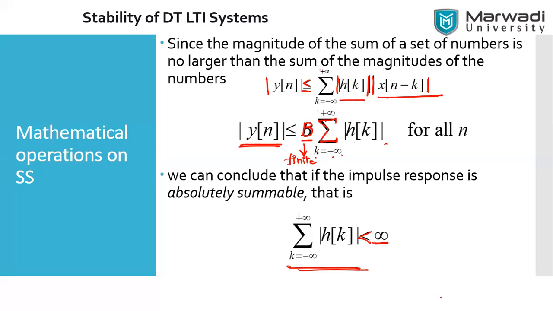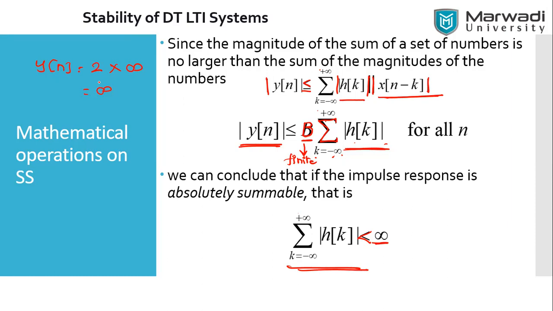Okay. B, that means input is already finite and it has amplitude b. So the output will be finite only if the second term is also finite. Otherwise, for example, y of n is equal to 2, this is finite, times infinity. What will be the output? Infinity. So both the terms must be finite, right?